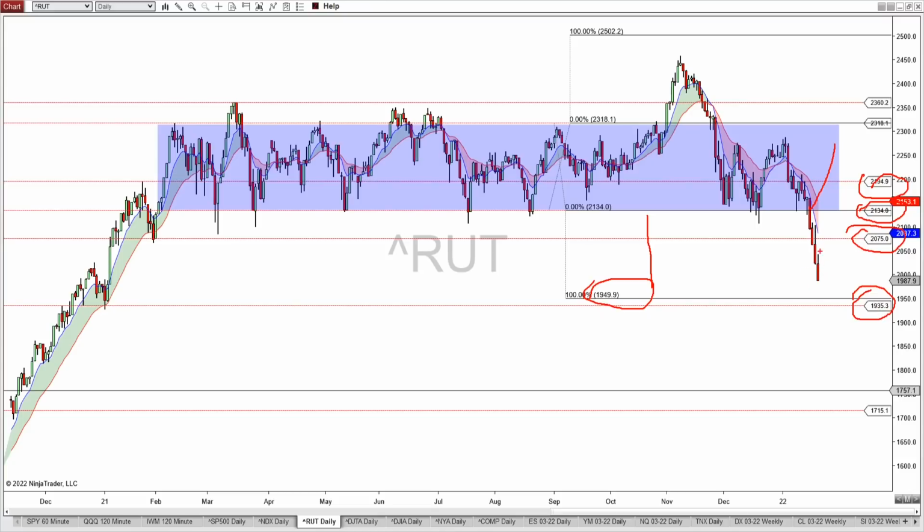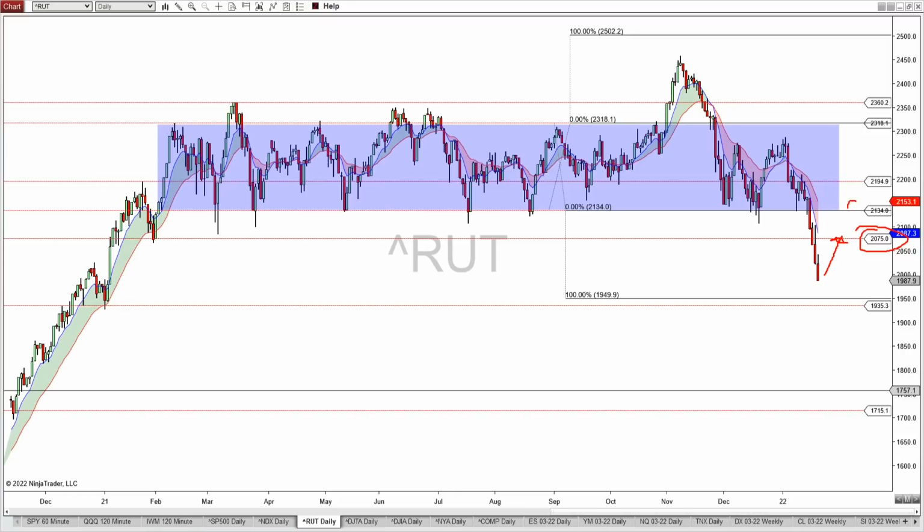So as you can see right now, it's basically just coming straight down pretty much toward this 1950 level. So we'll keep an eye on this to see if it actually comes down to this range extension. Now, if it decides to move back up, then again, we will watch this 2075 for potential resistance here.